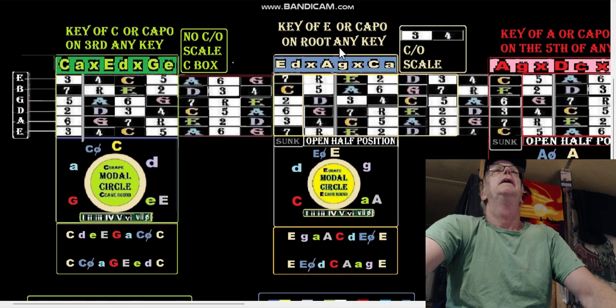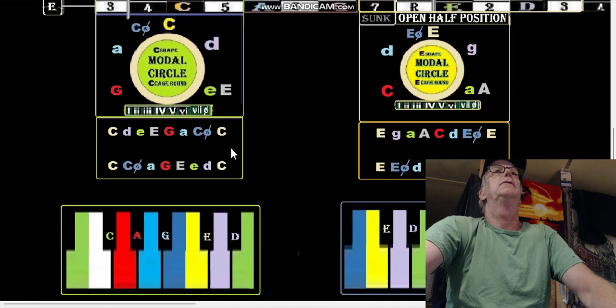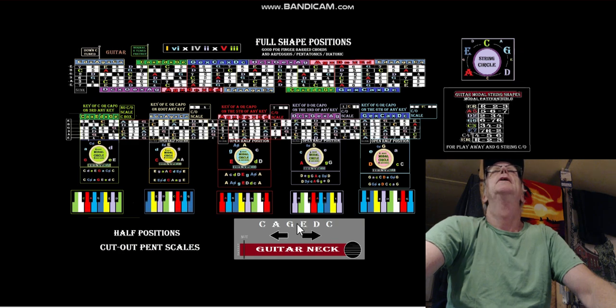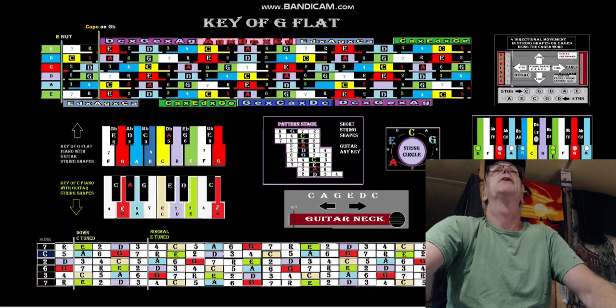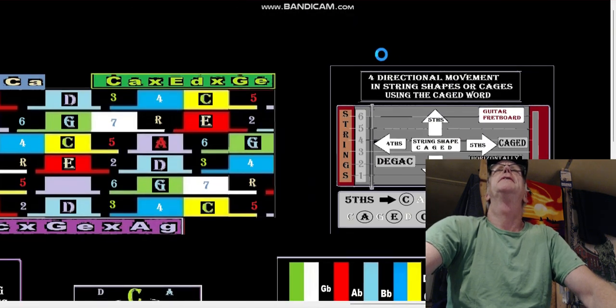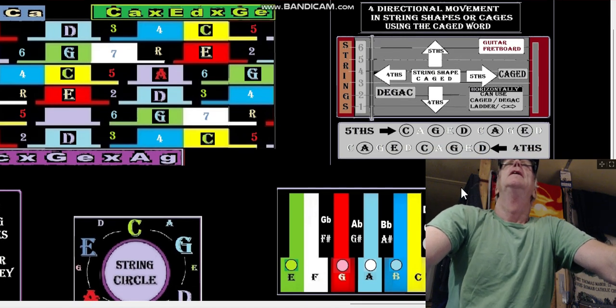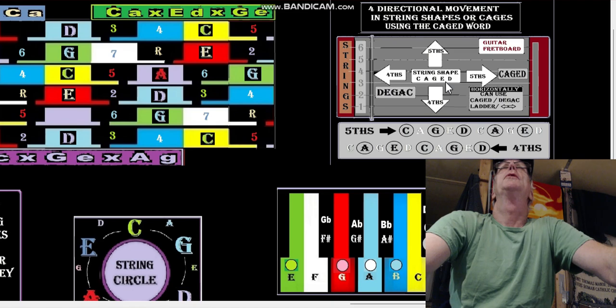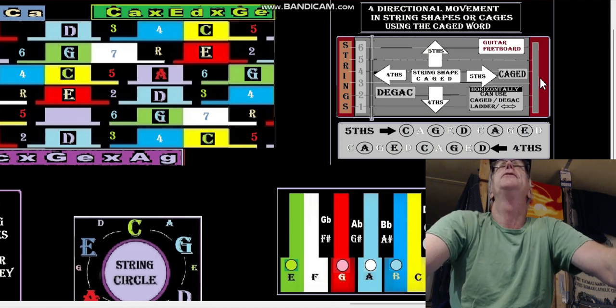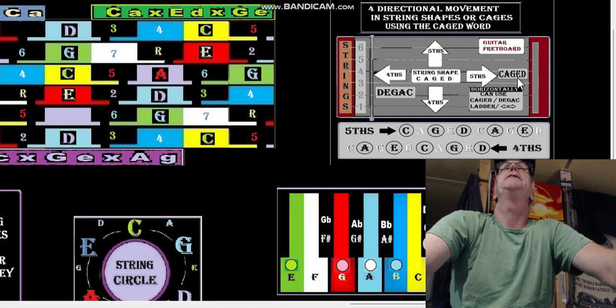Now, in CAGED, we have this little diagram here that we can use. Actually, I have it on the next chart. It's right here. I brought this back into the spotlight. You have the word CAGED. If we go up the guitar neck towards the highest notes, we use the word CAGED in shape navigation.